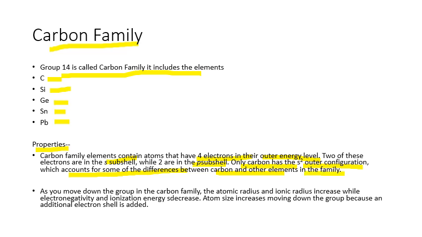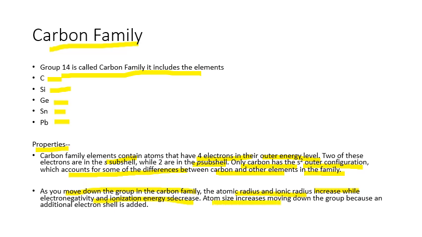So carbon has different properties from the other elements because of its electronic configuration. As we move down the group in the carbon family, the atomic radius and the ionic radius go on increasing, and the electronegativity and the ionization energy go on decreasing.